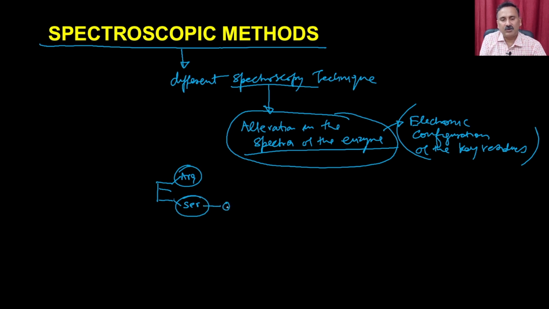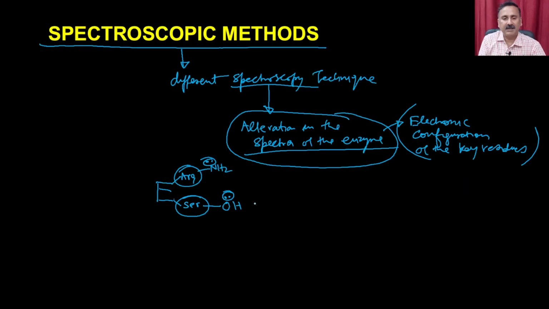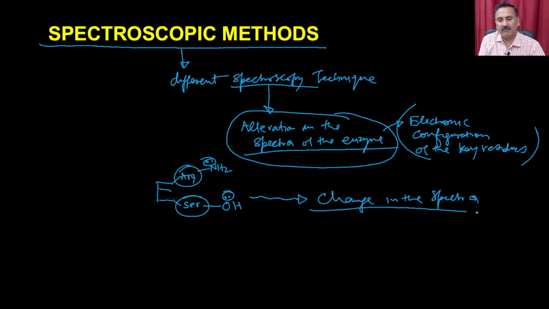Serine contains the hydroxyl group, which contains lone pairs of electrons, whereas arginine also contains the amino group, which also contains lone pairs of electrons. These lone pairs of electrons sometimes get delocalized or interact with the substrate, and that's how they show you a change in the spectra.